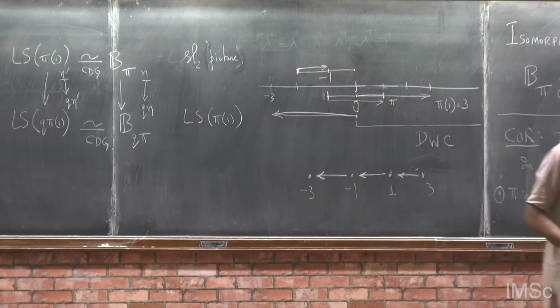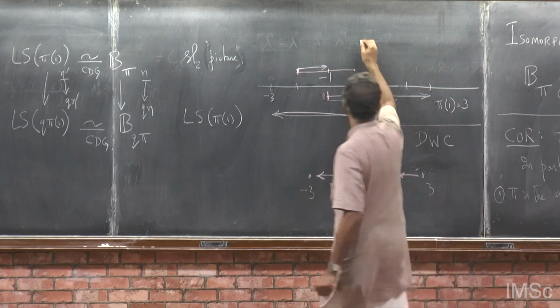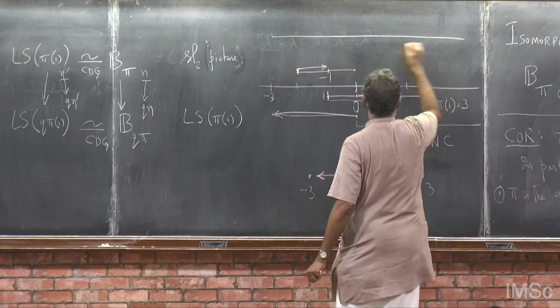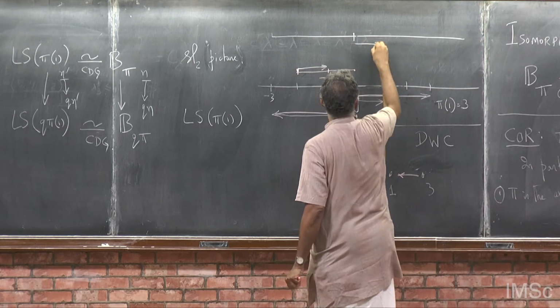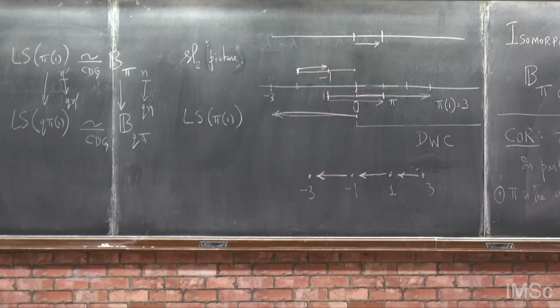Observe the following. Let us do the same picture for 1 instead of 3. Let us take this path. No, they cannot be, because the endpoint is what?